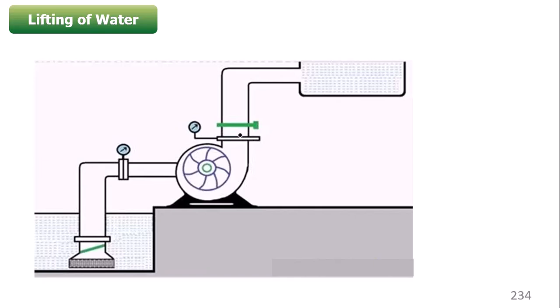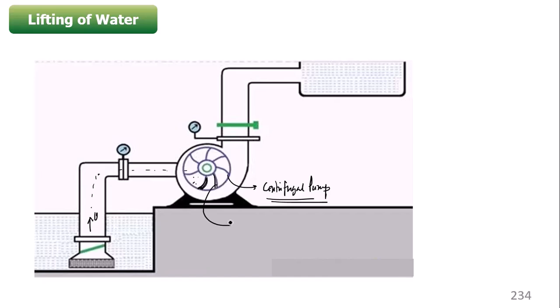Whenever I am lifting this water from the ground, the water goes through a pump. This is called the centrifugal pump. This pump is a mechanical device, and these are called the blades of the pump.